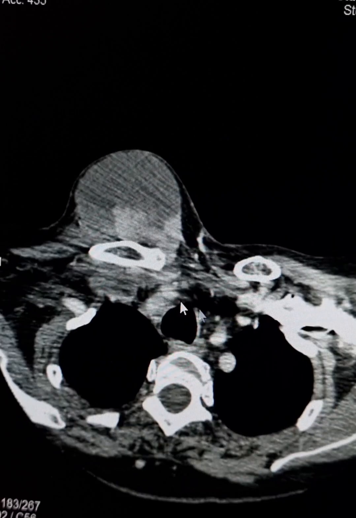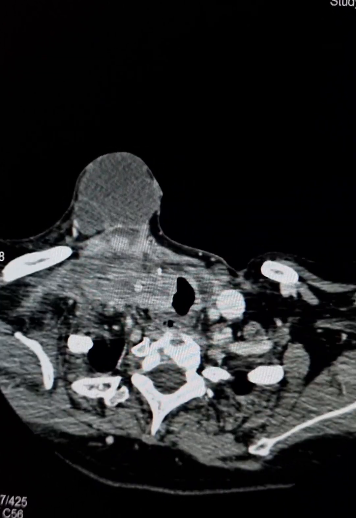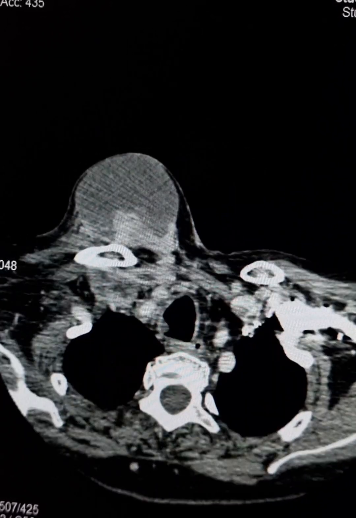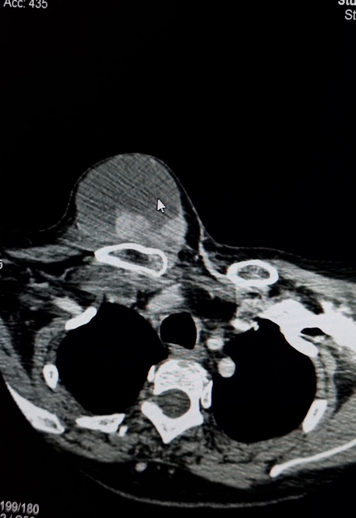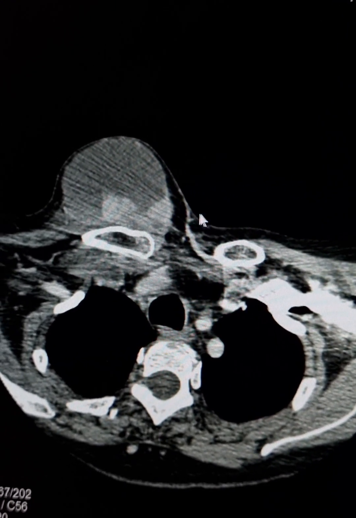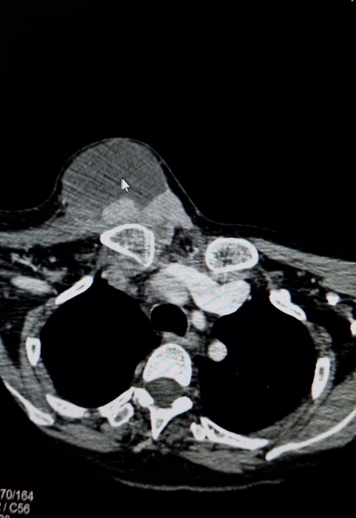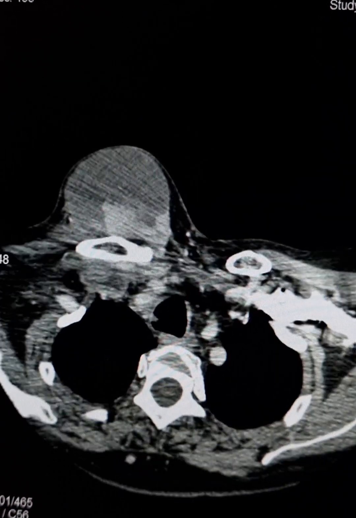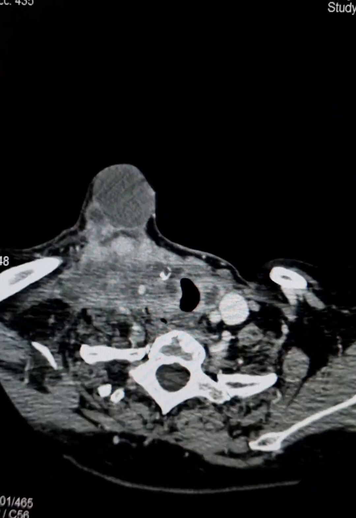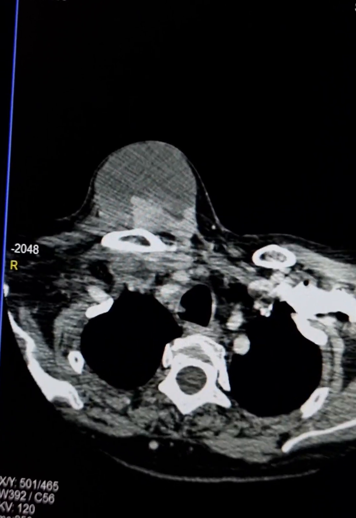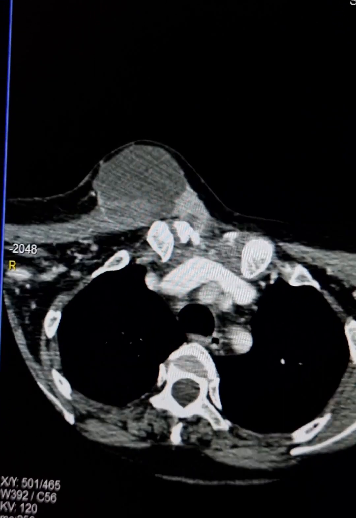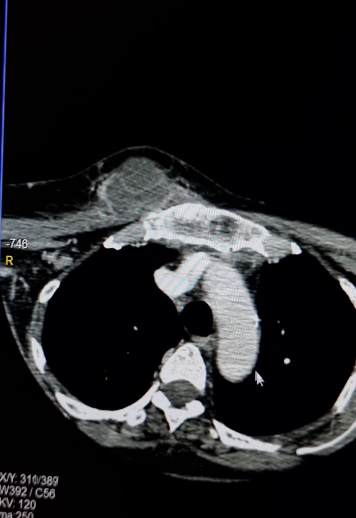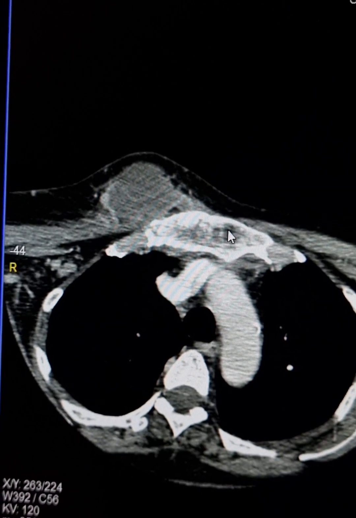Now there is another mass which lies apparently separate. It lies anterior to this medial end of the clavicle. It is partly cystic, its posterior part is solid. Now superiorly, this is continuous with the above described mass. This most probably is a metastatic mass here, and it lies in contact with the sternum here.